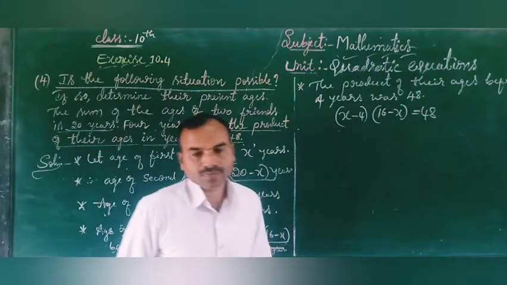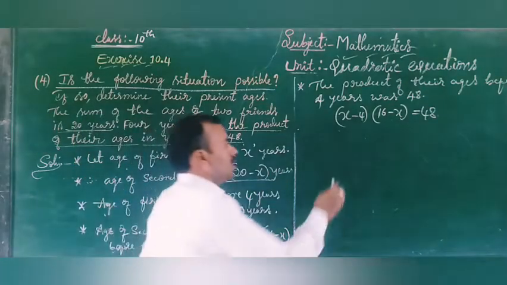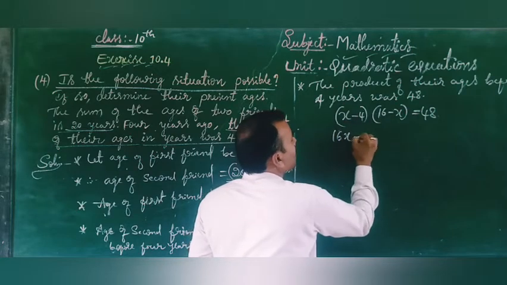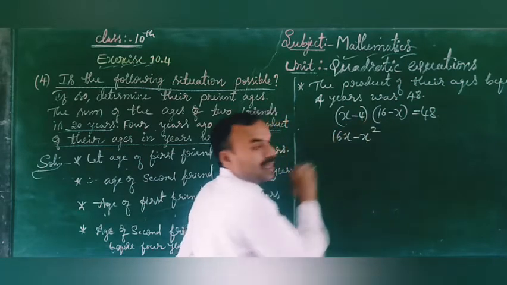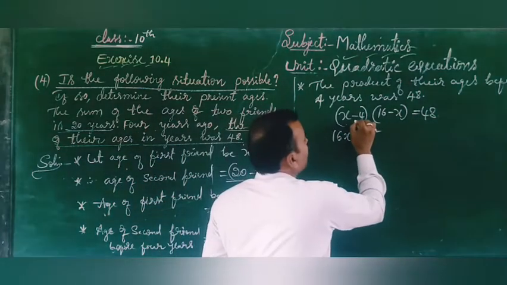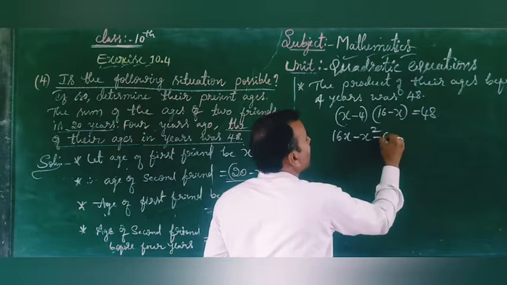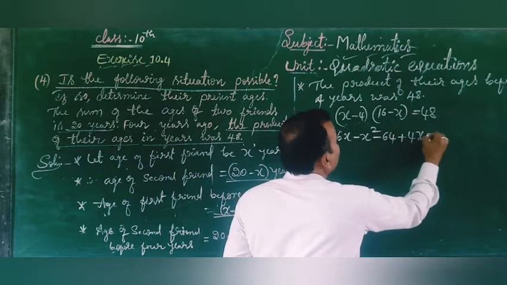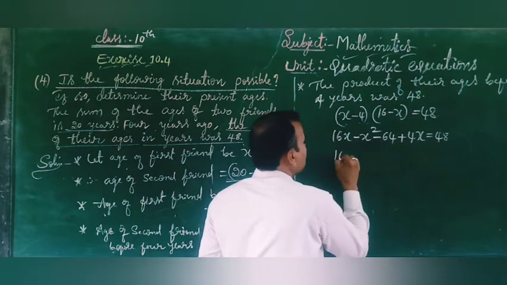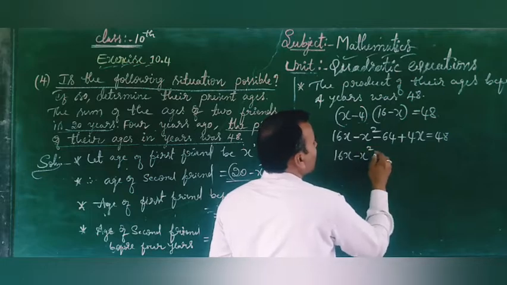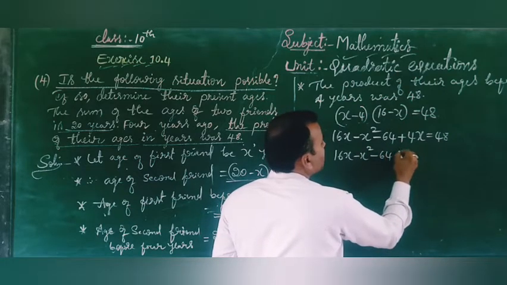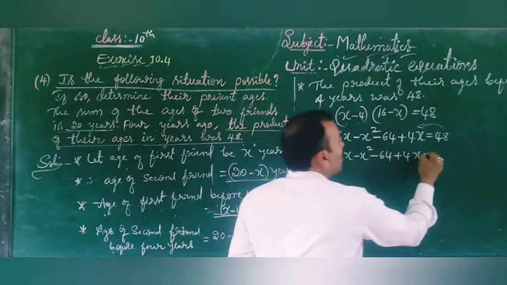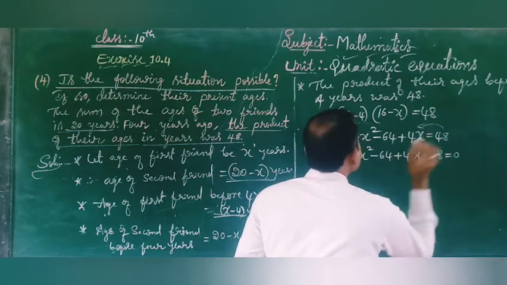Now multiply these two: 16 into x, 16x, plus, minus x into x, minus x square. Next, minus 4 into 16, minus 64, minus 4 into minus x, plus 4x, equals 48. So 16x minus x square minus 64 plus 4x, transposing 48 to the left side, minus 48 equals 0.